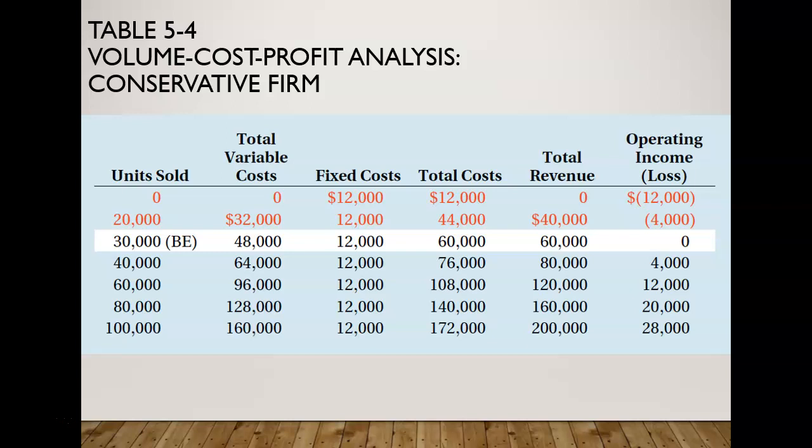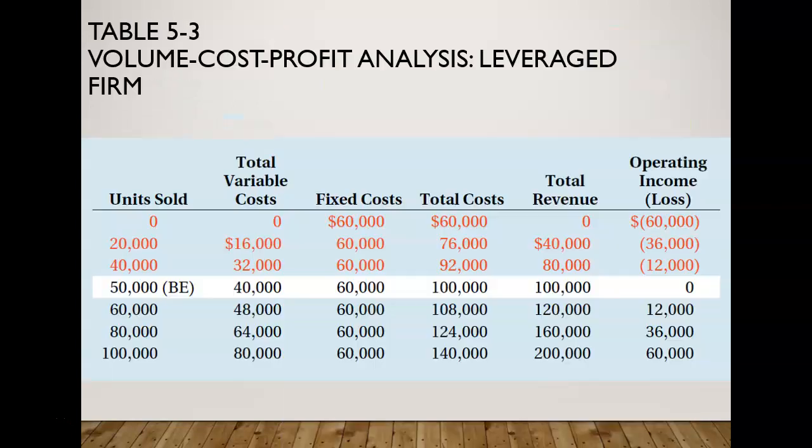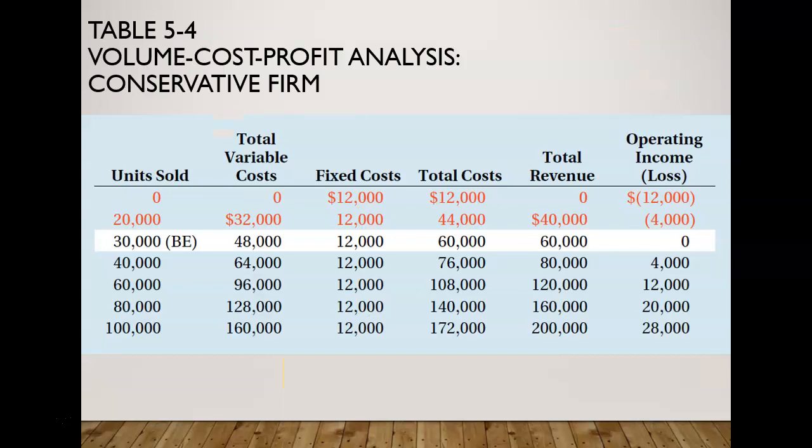However, you can see that the profit in this conservative firm does not increase as rapidly as the less conservative firm. You will see here that for the less conservative firm, profit is 12,000, 36,000, 60,000, compared with the more conservative firm, where profit is only 4,000, 12,000, 28,000, and so on.